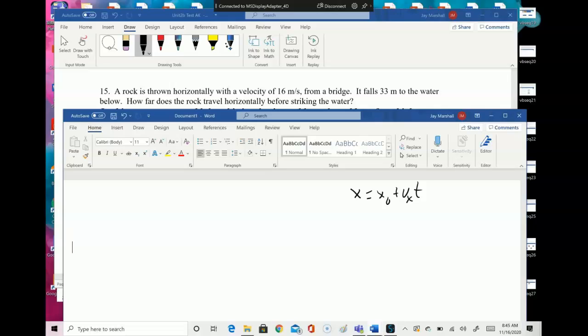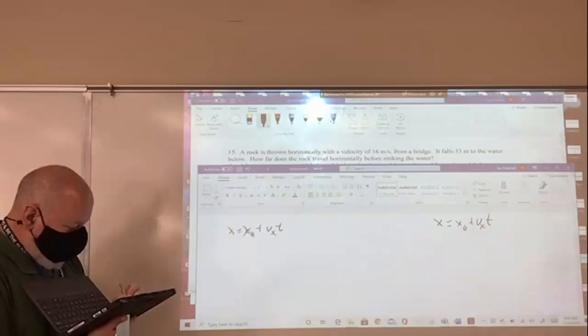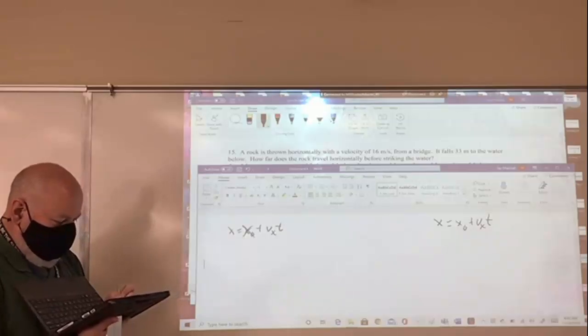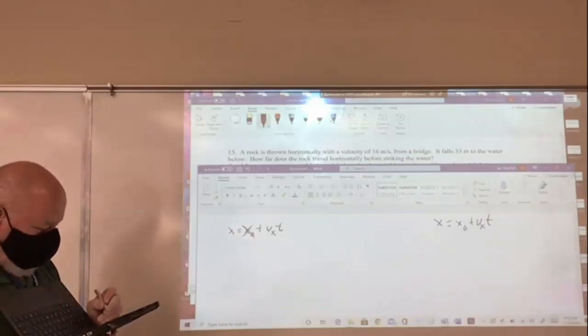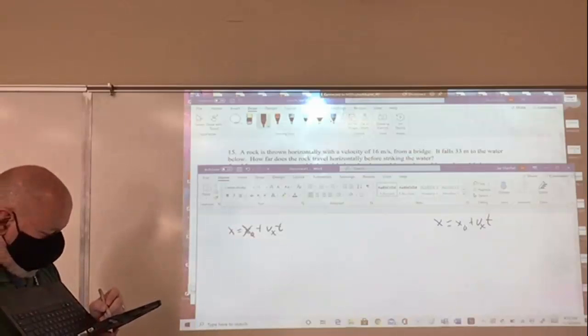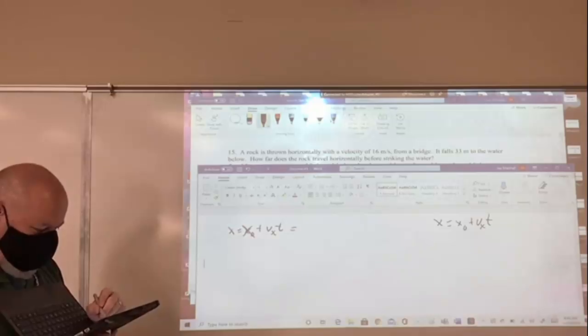So I'm thinking, well, I just need to write that down and I should be able to solve the problem. X equals X0 plus Vx times time. And I know that X0 drops out. And I want to find X. So all I have to do is plug in velocity, which is 16 meters per second.